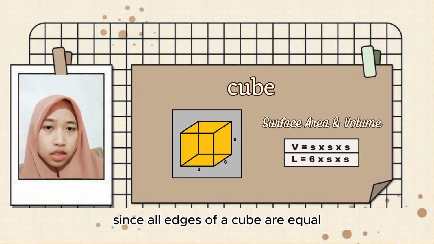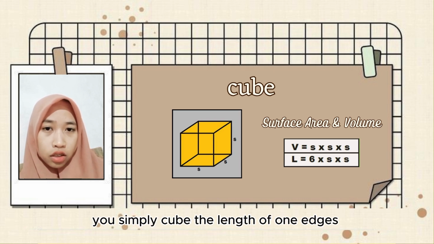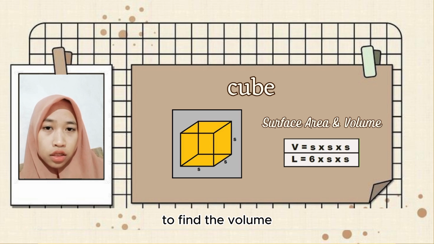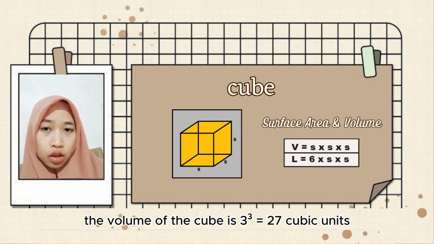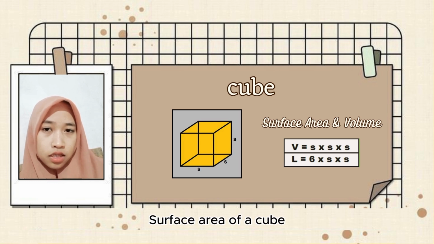Since all edges of a cube are equal, you simply cube the length of one edge to find the volume. For example, if the edge length is 3 units, the volume of the cube is 3 cubed equals 27 cubic units.